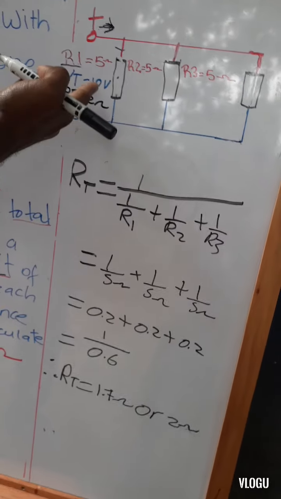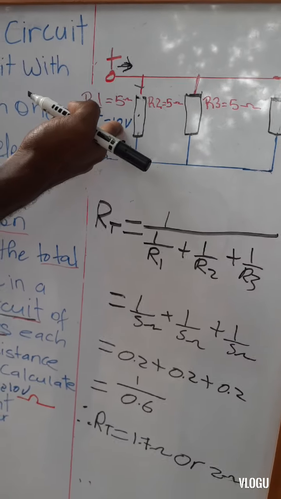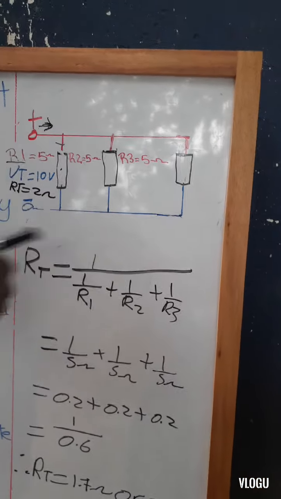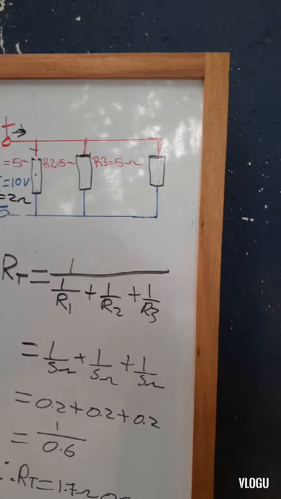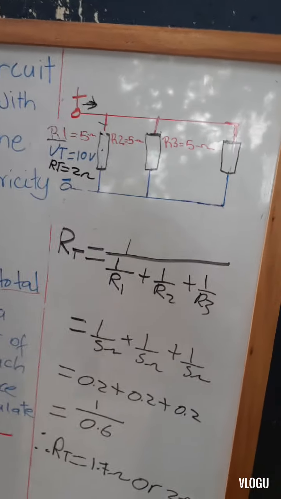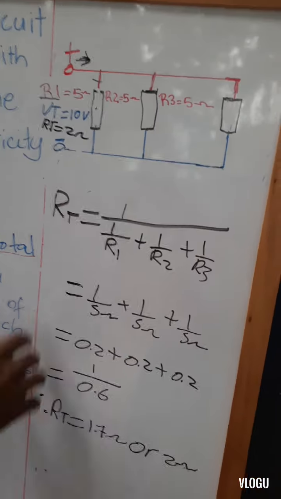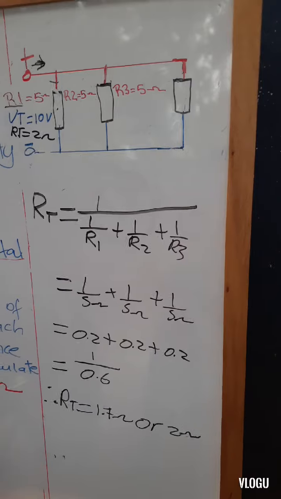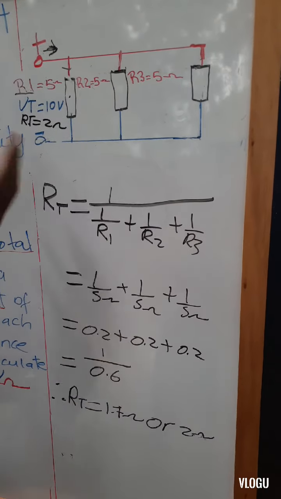We're doing this because we already have 10 volts as the total voltage, so we don't want to work with too many decimals. We want to get rid of the decimals, so we just say equal to 2 ohms. Okay, so we have plugged in our total resistance value, 2 ohms for simplicity.